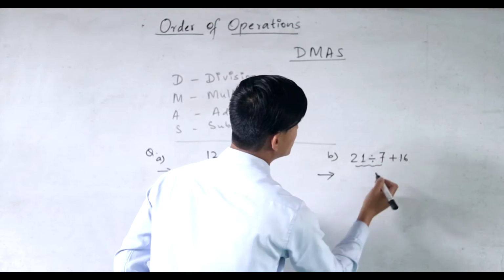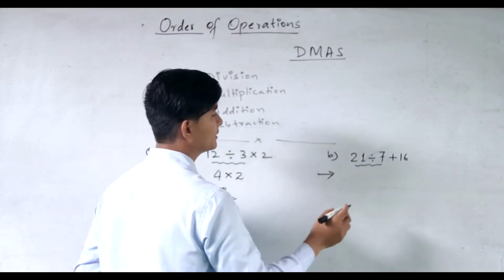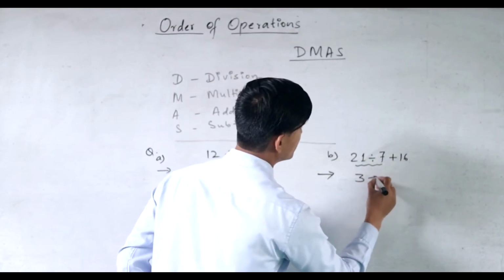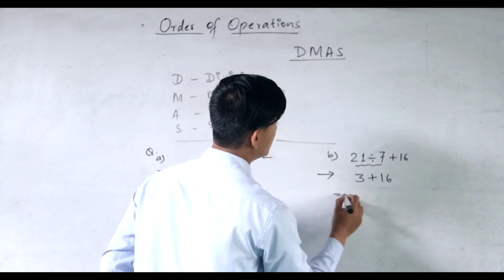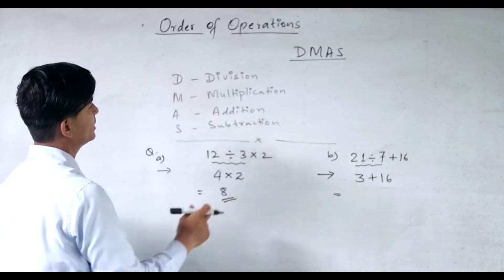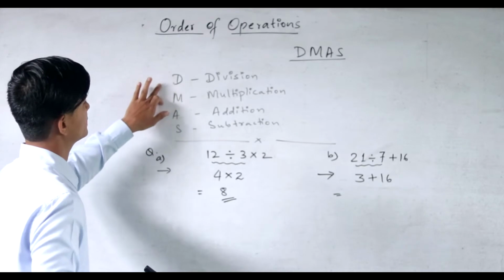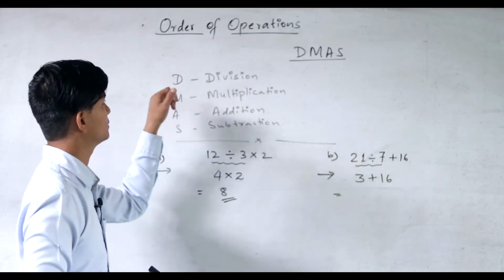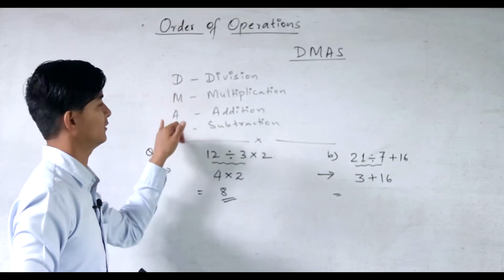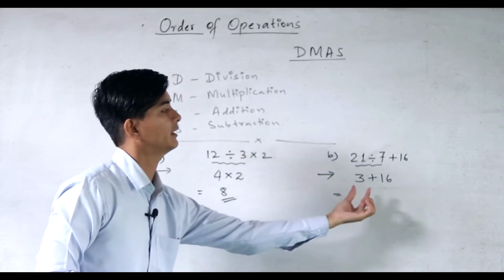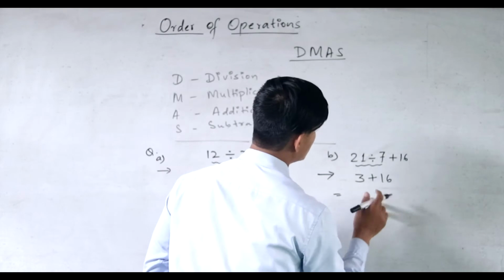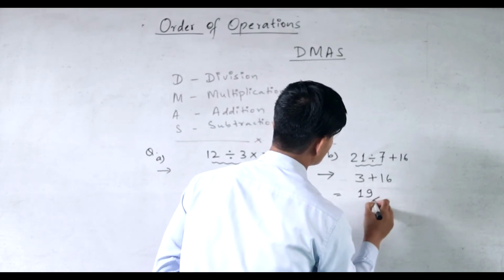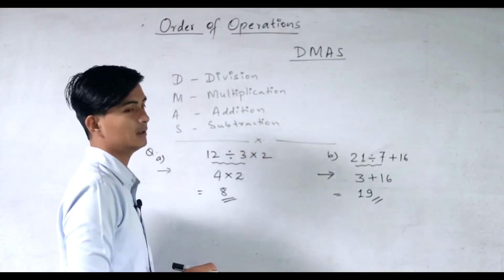So if you divide 21 by 7, we'll get 3 over here, plus 16 will remain, and see there is no multiplication, right? So our second step is multiplication, but we don't have multiplication here, so we have to skip this and go into addition, because we have addition over here. So if we add these two, we'll get 19. So this is our answer.